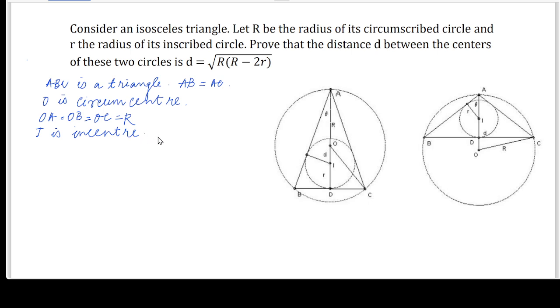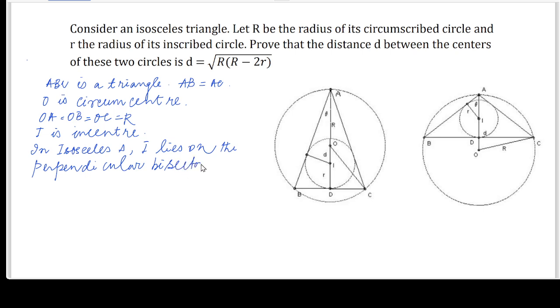Here in the isosceles triangle, I lies on the perpendicular bisector of BC.